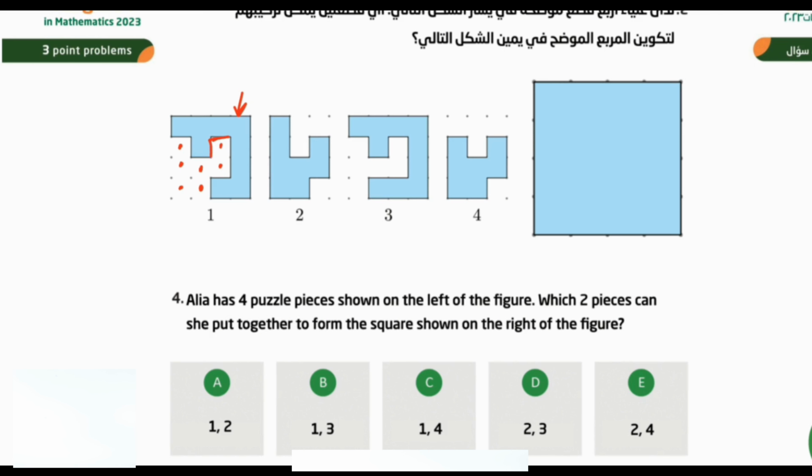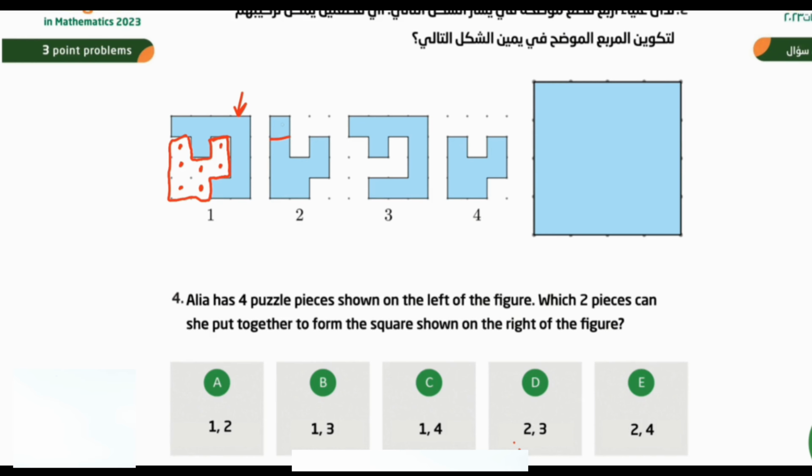So the figure that we need to put here has 7 squares in this way. So which one of these figures satisfies this answer?